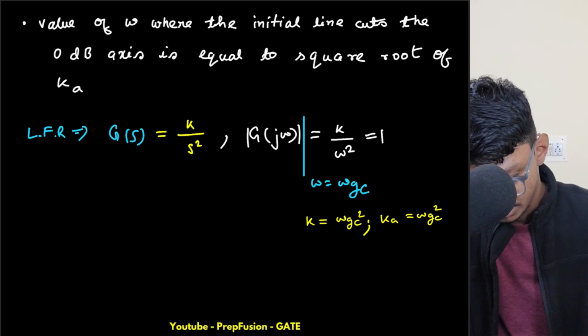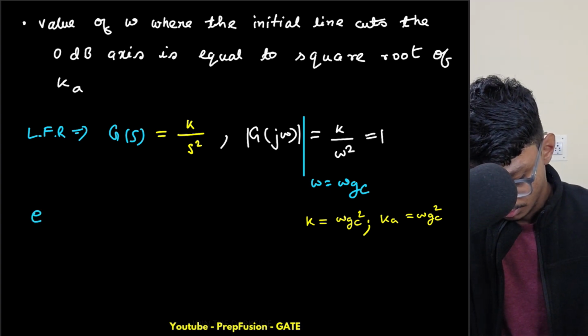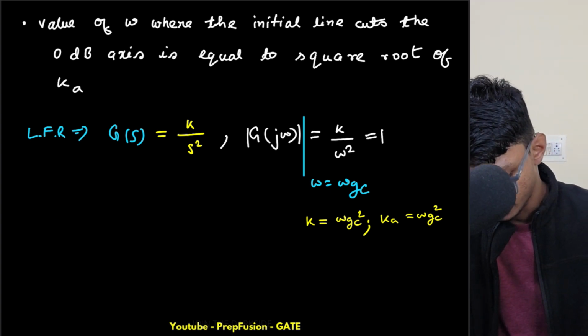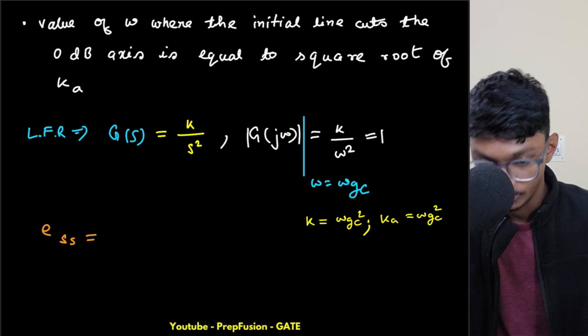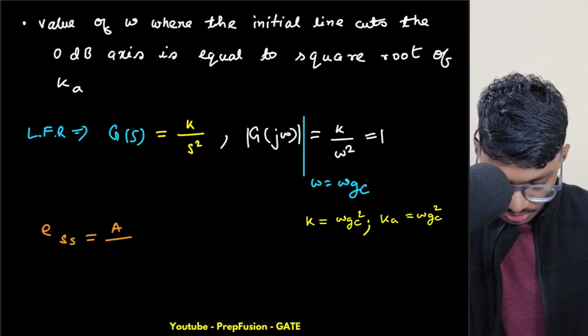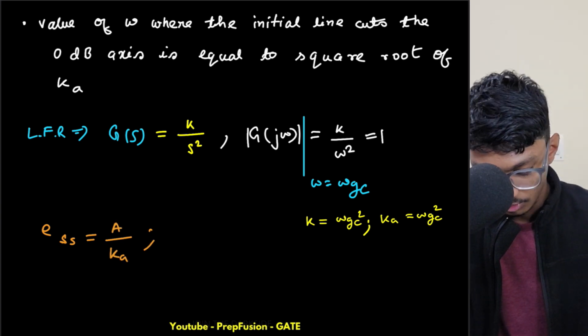Okay, so what is my steady state error? The formula, obviously I won't recommend you remembering this, but still I am writing. What is my steady state error? So my steady state error is simply A by k, for what?